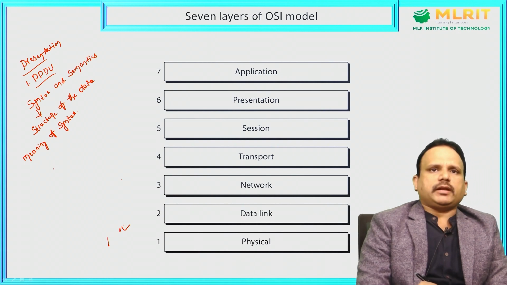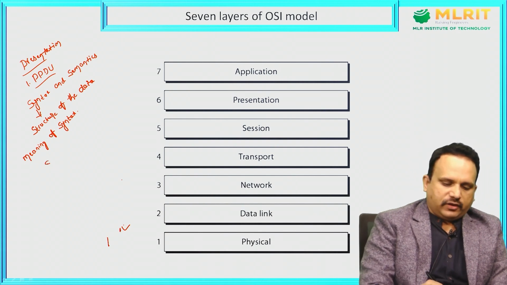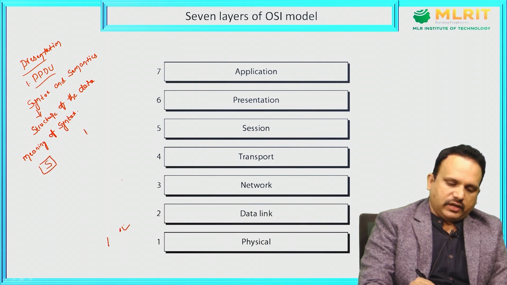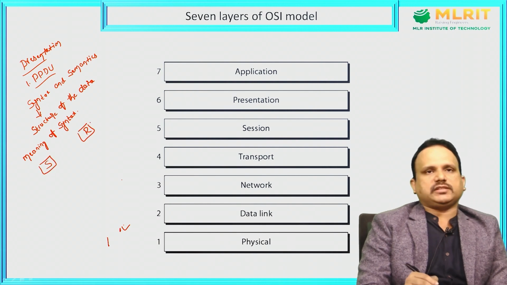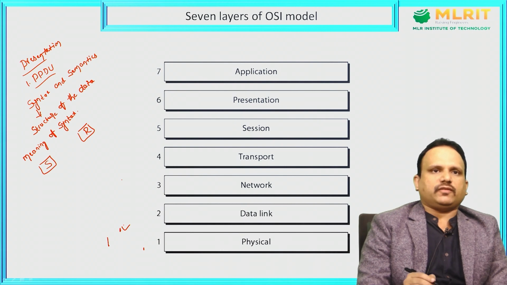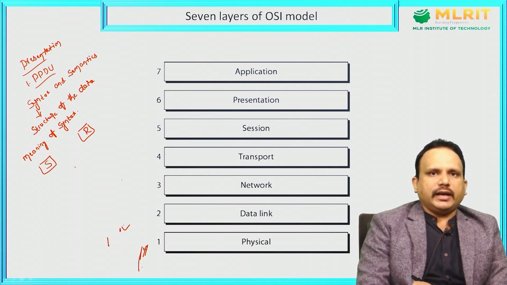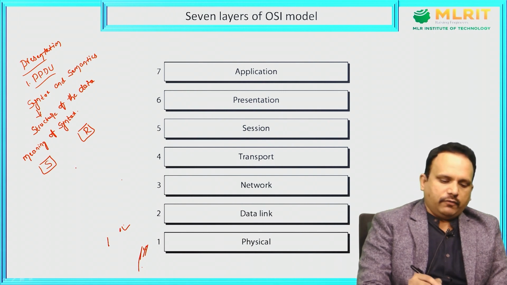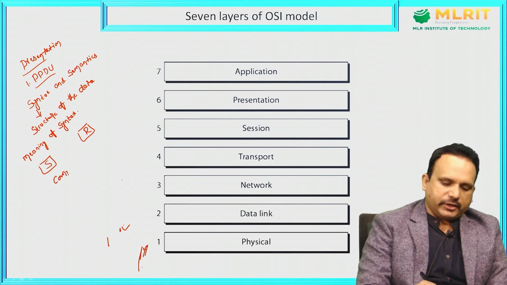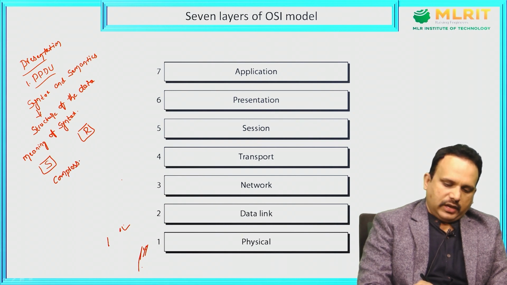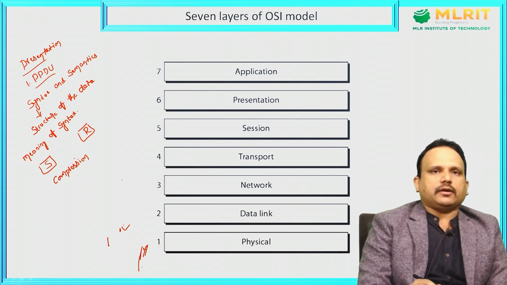In the presentation layer, say for example here we have the sender and here we have the receiver. The sender will send the data, and the receiver will also receive and send data. Before sending and before receiving, the data will be compressed, so here we concentrate on compression. Compression means you reduce the size of the bits. And in order to protect our data from unauthorized access, we are not going to transmit the data in plain text.